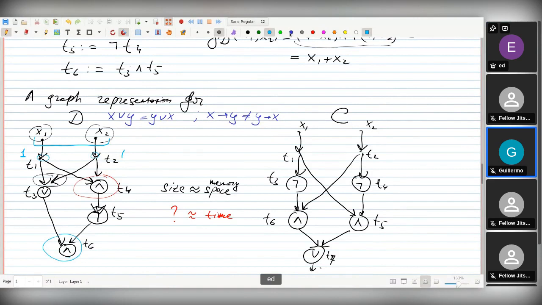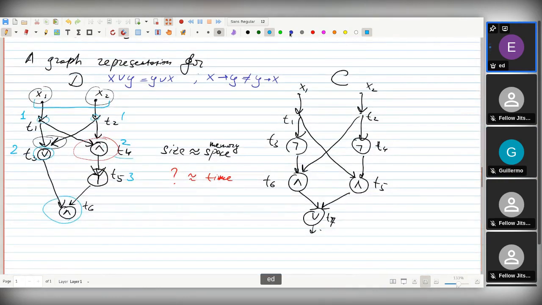Yes. How many seconds do we need for this one? The reaction time of this one plus this one, it is 2. Here, 2. What about this one? Clearly it is 3. The reaction time of T4 plus 1 second for T5 to react. Do you agree? Yes. And it is somewhat more complicated for T6.